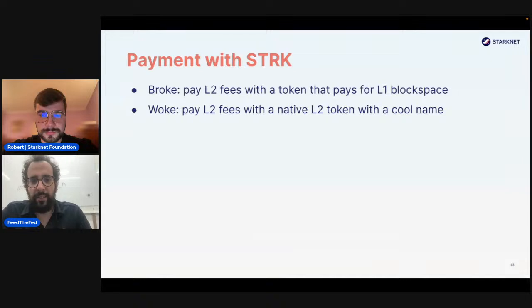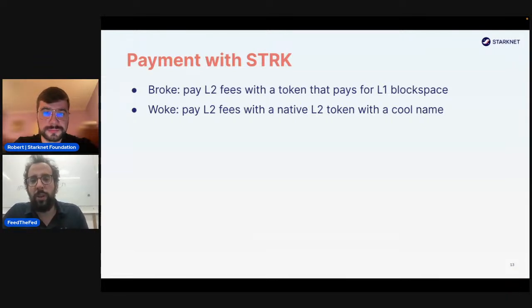Gas, and ETH which is used to pay for gas, is very much associated with the ability to be included in an Ethereum block, which makes sense when I want to pay for the L1 signature of a Starknet transaction. When I want to pay for the proving cost of a transaction, it makes sense that I pay with ETH, because this is a gas cost, this is an L1 cost.